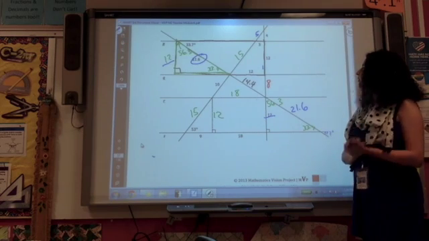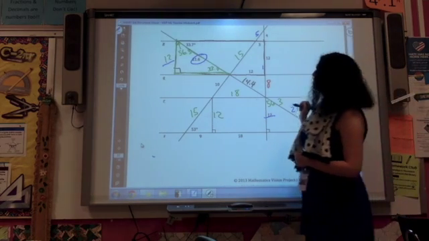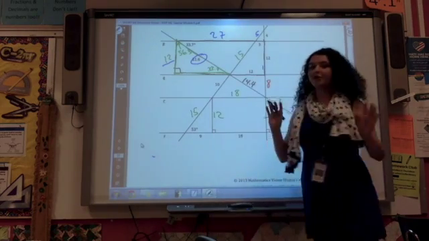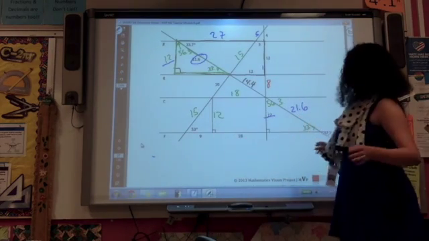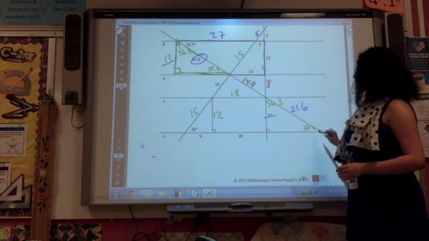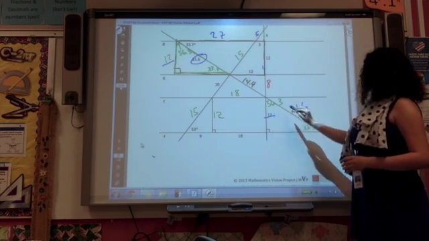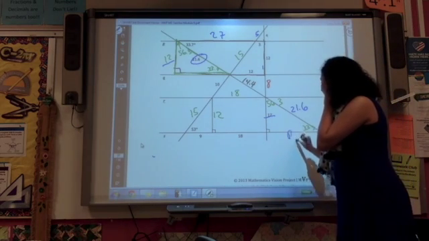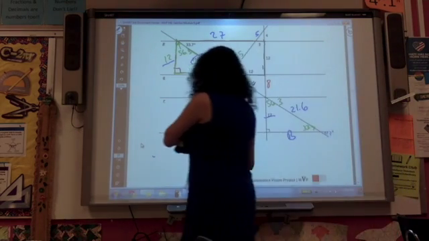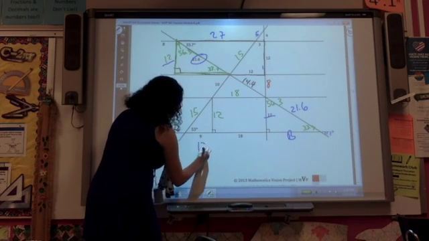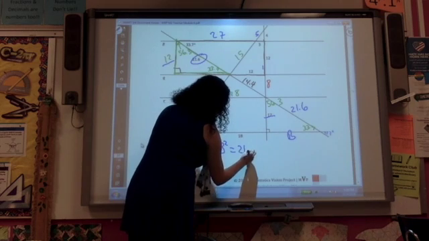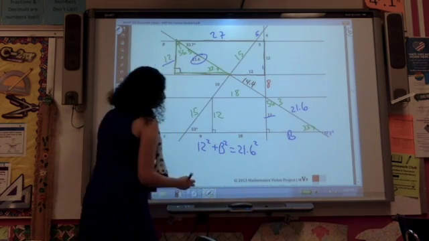I think that, oh, are we on our second to last? No, we already solved this one. It was 27. All right, we're on our last side length. We're almost done. So we have a right triangle. This side is 12, the hypotenuse is 21.6, and we want to find B. So we can say 12 squared plus B squared equals 21.6 squared.